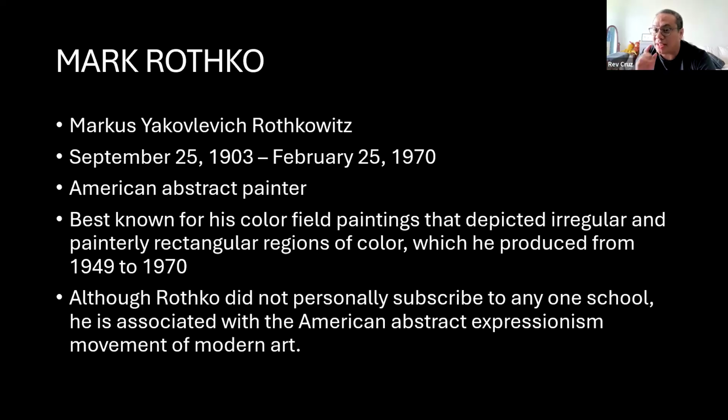We're gonna see his paintings as well that led him to that particular style. Although Rothko did not personally subscribe to any one school, and just like Mondrian, we'll realize that he actually tried different techniques before he arrived on the technique that he is comfortable with.